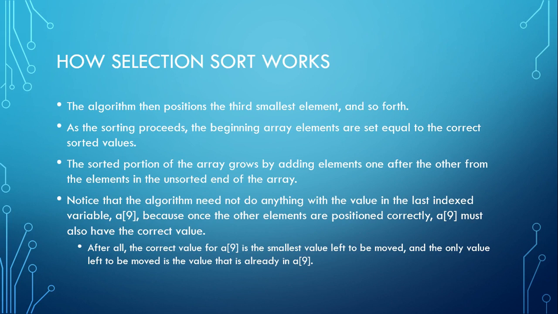After all, the correct value of A of 9 is the smallest value left to be moved, and the only value left to be moved is already in A of 9. So by the time it gets to that very last value in the array, that should be the last sorted value. So it really doesn't need to do anything with the last value. That's why, when we look at the algorithm for that, we don't need to sort the final value.